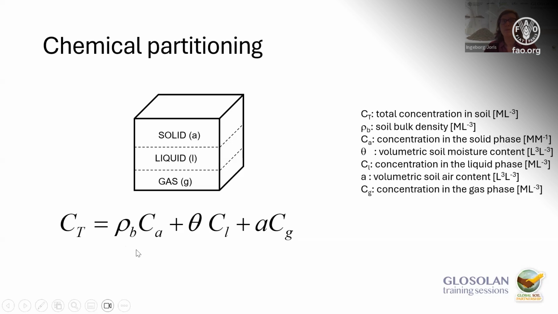So as I said, as a rule of thumb, your soil is made up of 50% solid, 25% liquid, and 25% air. But that's very generic. Of course, in reality, it's a very dynamic system. So your volumetric water content and your volumetric air content constantly change in the soil.